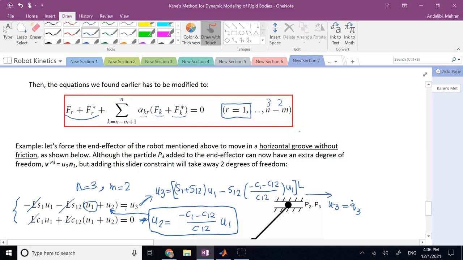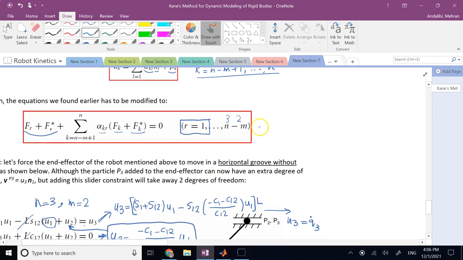There is only 1. So what's going to happen to this equation? It becomes f1 plus f1 star, the two terms that we already have calculated, plus summation of k goes from n minus m plus 1 to n. N is 3 here. N minus m plus 1 is 2. So k goes from 2 to 3 of this. So it is going to become what?